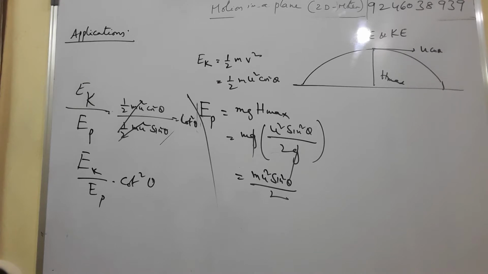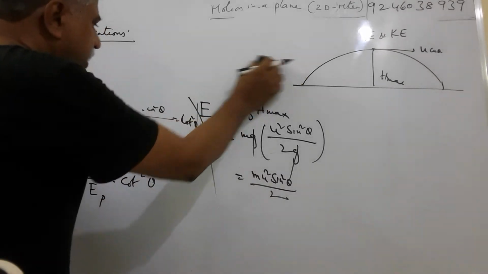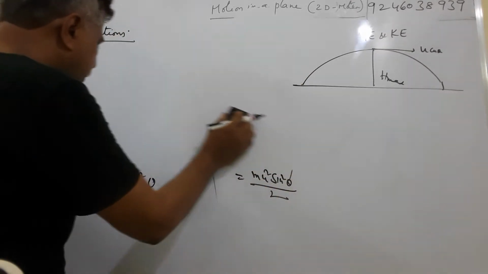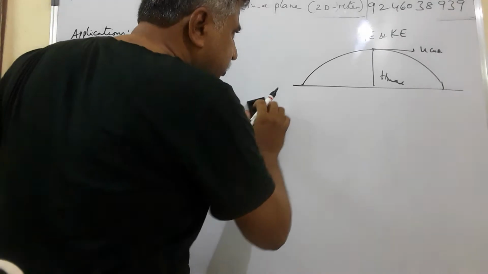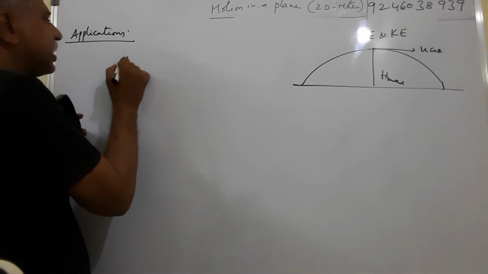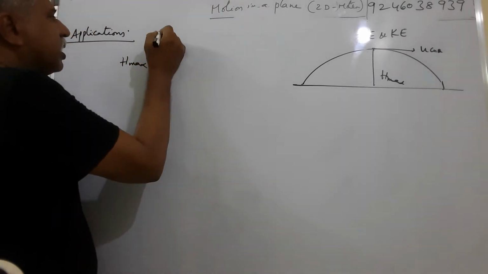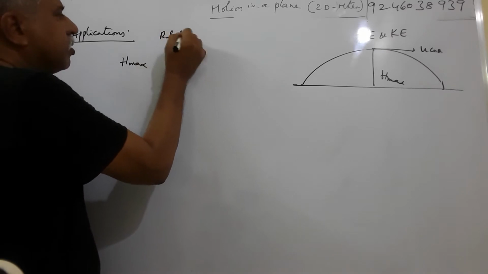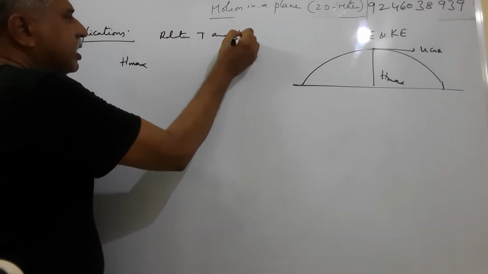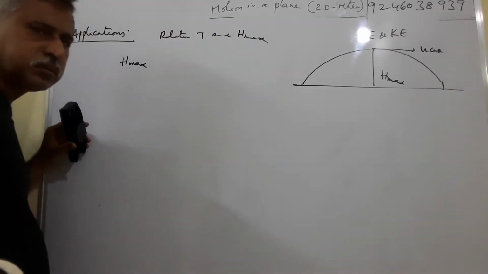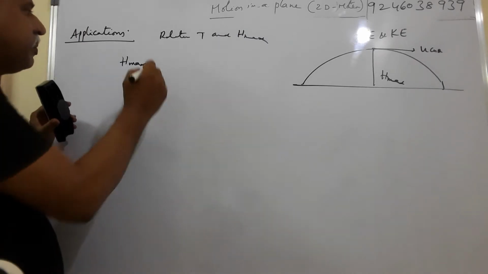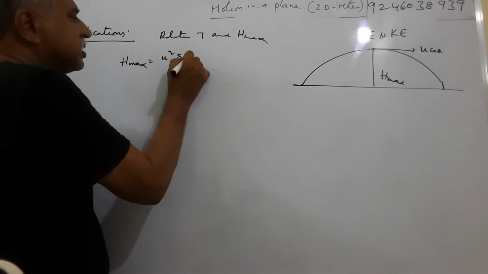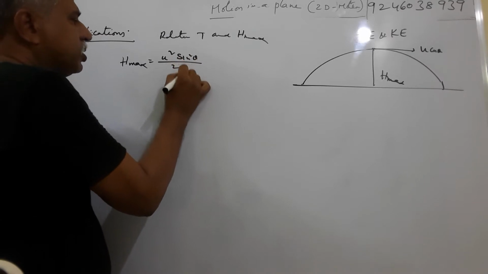Next application. The relation between maximum height and time of flight we want to know. What is the formula for maximum height, H maximum? We want to find the relation between T and H maximum. H max is equal to u square sin square theta by 2g.